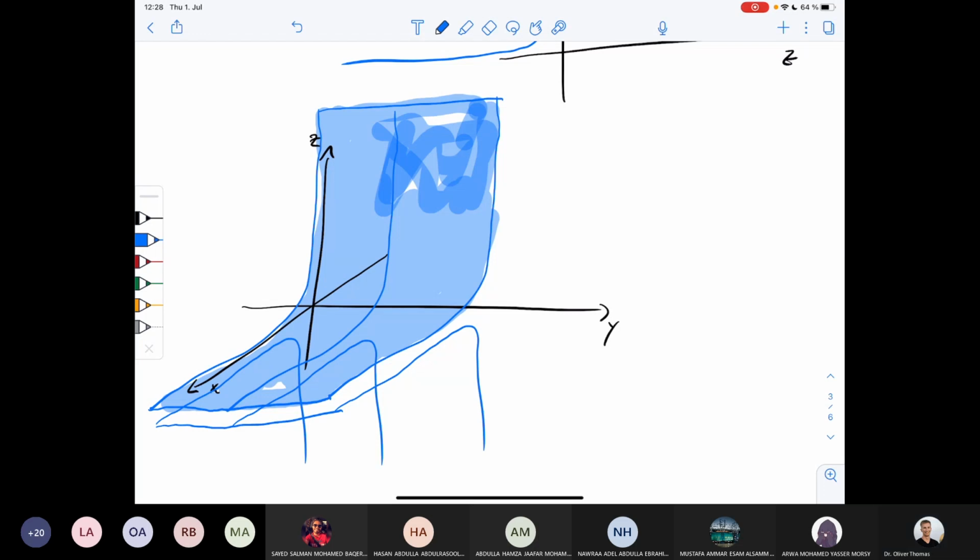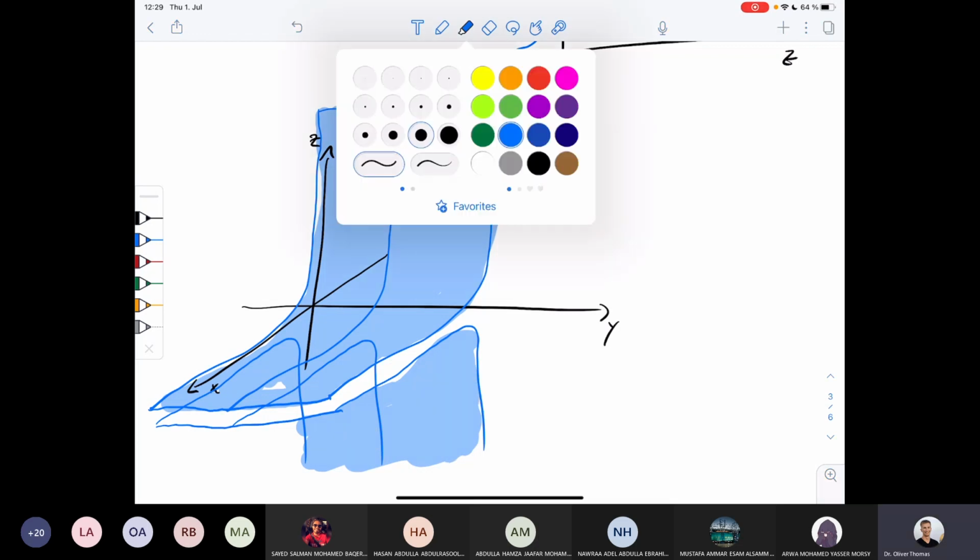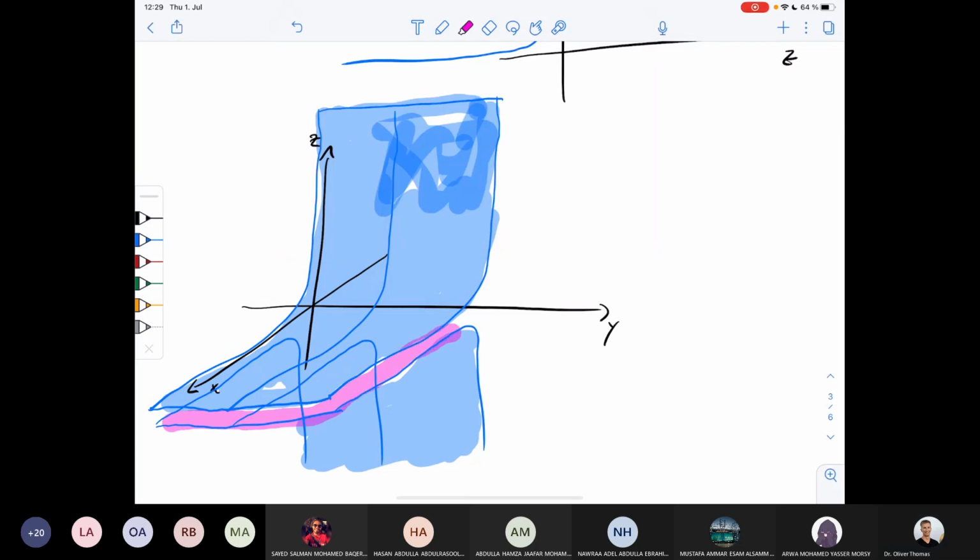So we have pretty much this part. And this part. Okay, I hope you can get an idea of what it's supposed to look like.